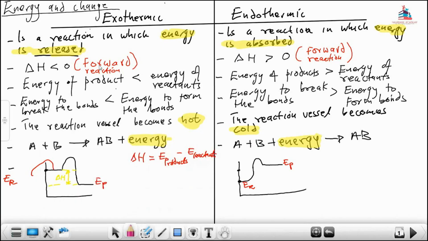Let me get a different color and say, how about now this side? What is it that is going to happen? This energy here, it is delta H for endothermic reaction. But there is something else also. What is something else?